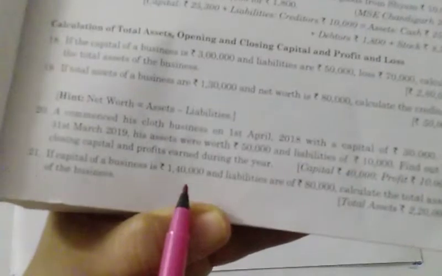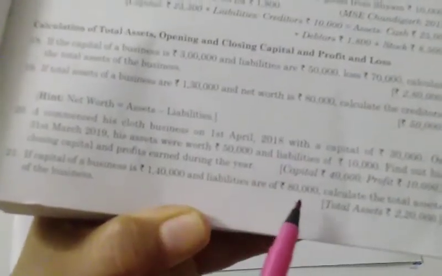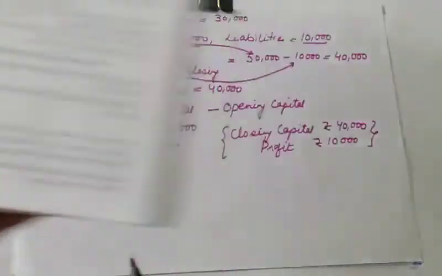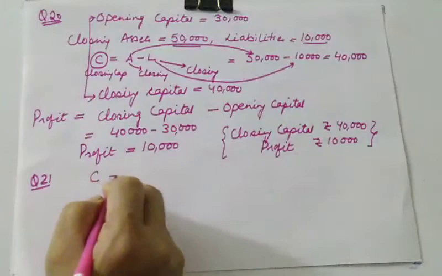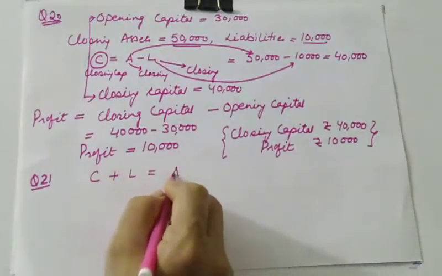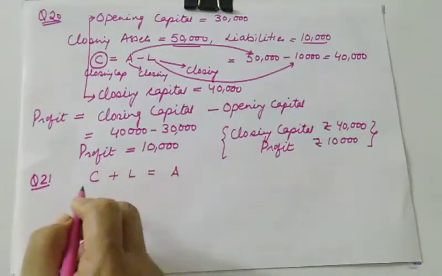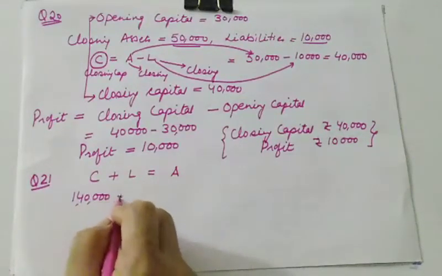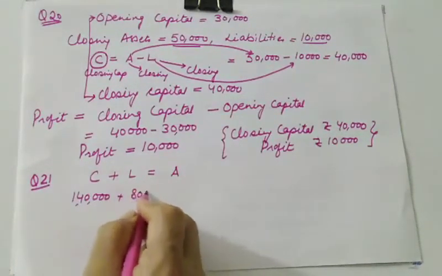If capital of a business is 1,40,000 and liabilities are 80,000, calculate total assets. So this way, this also you can easily do. Capital is given, liabilities are given. So which equation will we be applying here? C plus L is equal to A. How much capital is given to us? It is 1,40,000 and liabilities are 80,000.